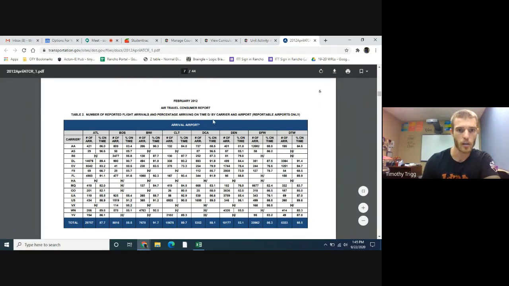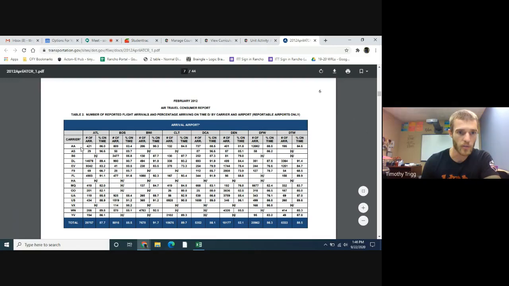On our chart, you can see on the left it has the carrier, so who owns the plane, basically. The first one's American Airlines and so on. Then it has the cities across the top. Atlanta's the very first one. It has a lot of information.